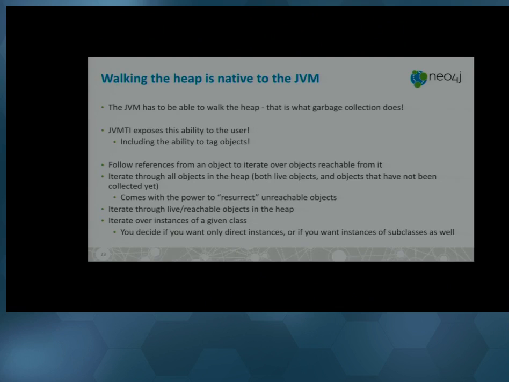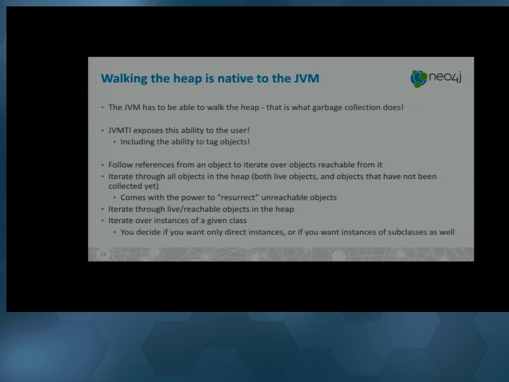And even this ability is exposed through the JVM TI interface, the ability to tag objects. So we have an API that allows us to walk the heap and tag objects that we think are interesting in the heap. We can, for example, follow all the references from a particular object to other objects that it references, or we can linearly scan the entire heap, both all objects and only live objects.